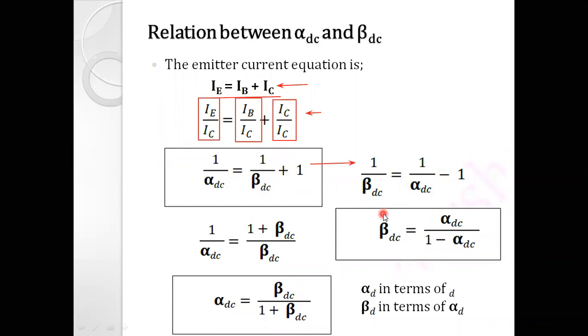Finally, inverting the terms on both sides, we get beta DC as alpha DC divided by 1 minus alpha DC. That is the current gain beta in terms of alpha. The suffix DC in beta and alpha defines these two current gains of the transistor when the transistor is biased with the DC supply.